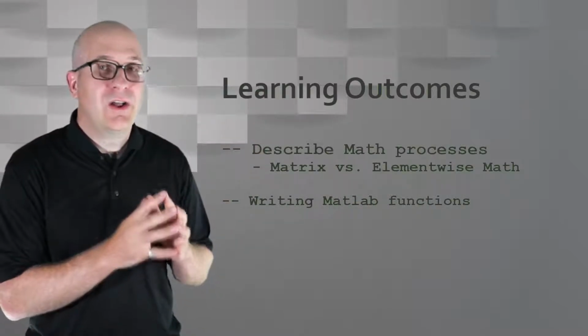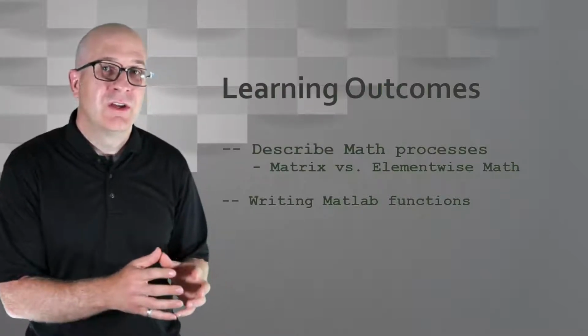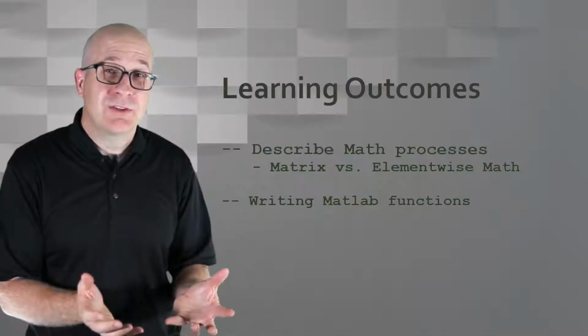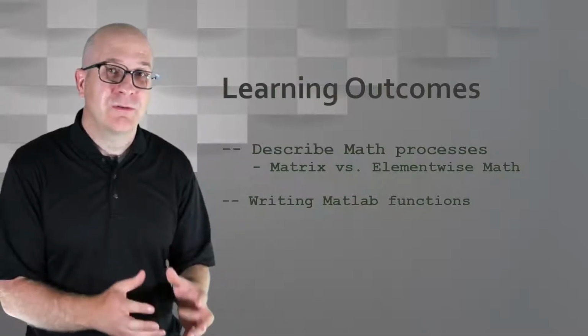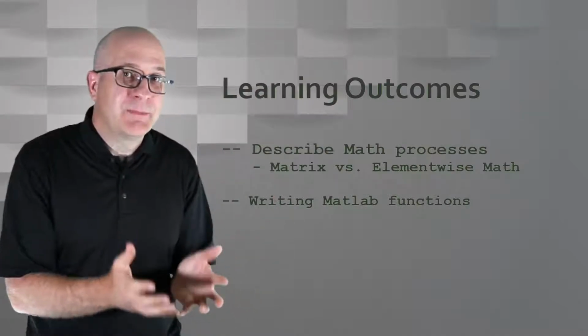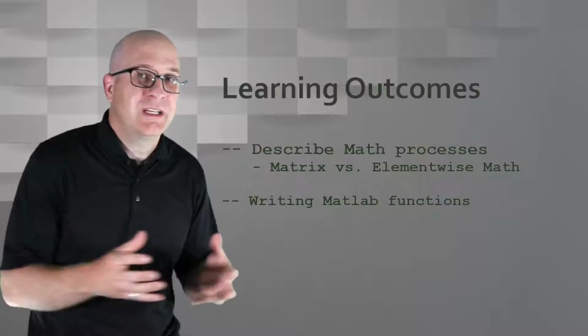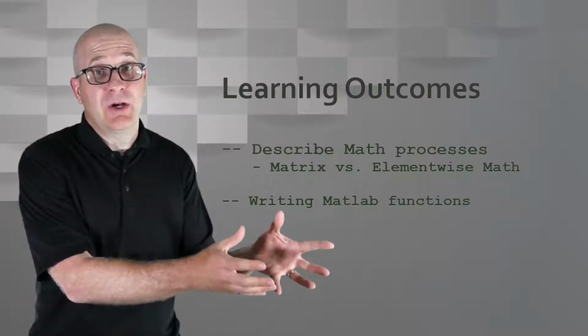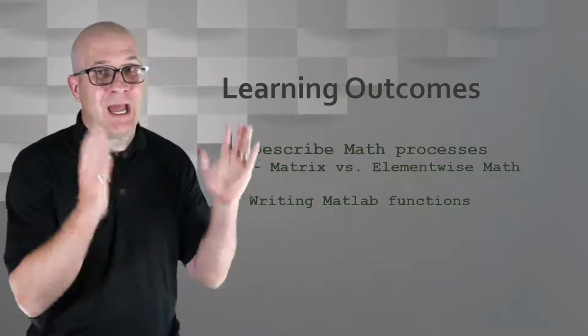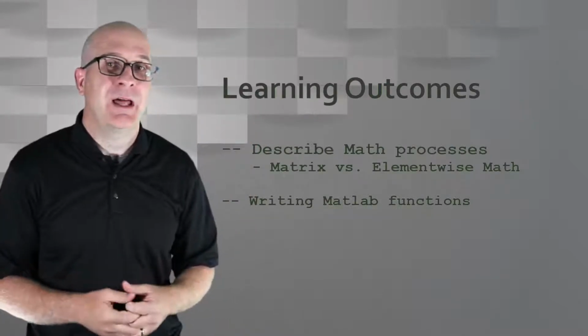We also learned about writing our own MATLAB functions to take repeatable processes, processes you're going to use over and over again, and encapsulate them as functions. Once you've written it well once, you can store it in your MATLAB library and then recall it from the library.